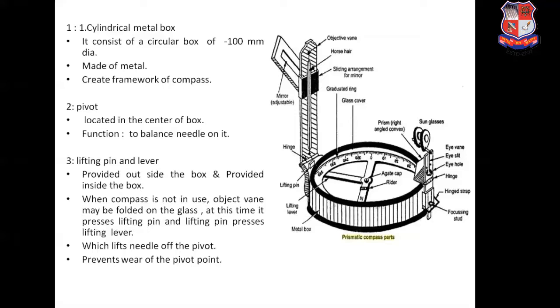At this time, this lifting pin gets pressed, and the lifting pin presses the lifting lever, and pressing of the lifting lever will take the magnetic needle off the pivot head, and that prevents the wear and tear of the pivot head during the non-working of the prismatic compass.